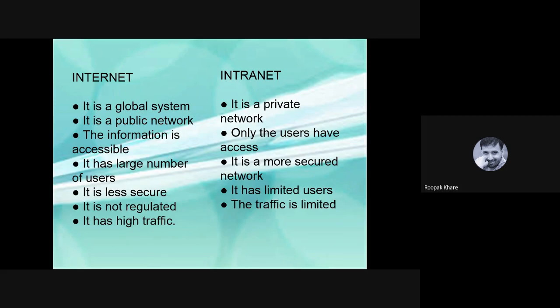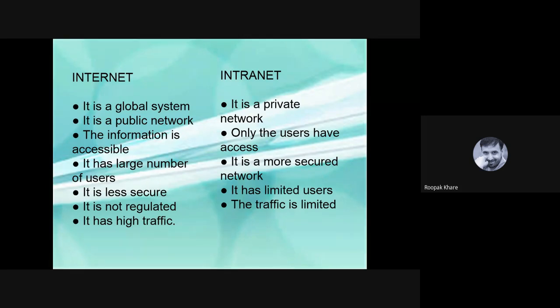When within their setup they're communicating, it's called intranet. Intra, within. Intrapersonal, we learned intrapersonal and interpersonal. Same way, internet is a network which is out there, and intranet is within a certain setup. So internet is global, intranet is private. Internet is public network. This is restricted.